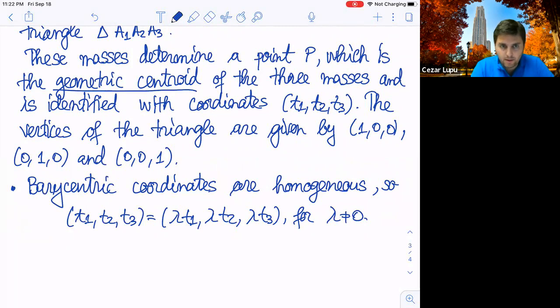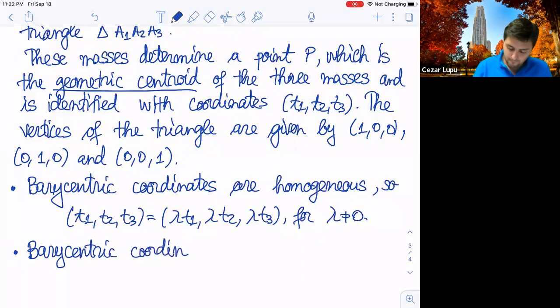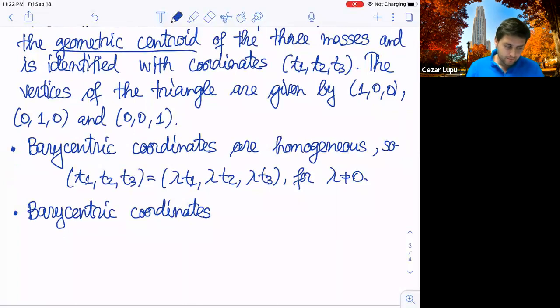Well, we can also normalize this. Keep in mind that barycentric coordinates can be normalized.